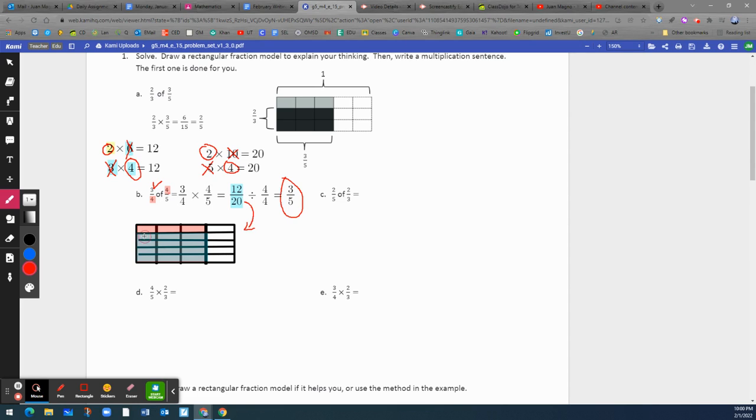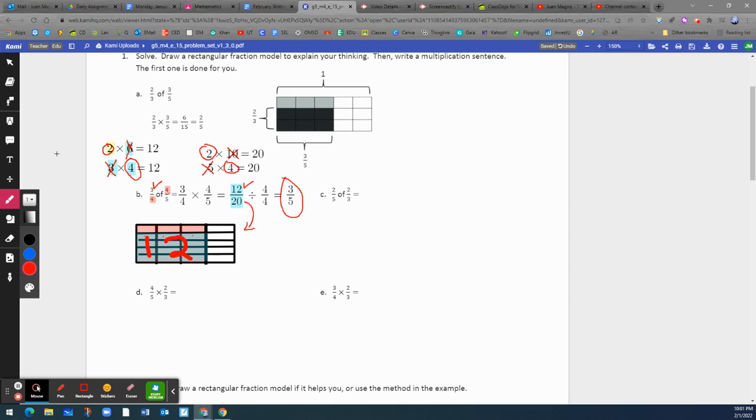If you count these shaded parts, which are the darker color, that will be 3 times 4, that will be 12. So the number for this shaded part is 12. And my friends, that's the numerator that we received when we solved the problem. That tells you that this problem is correct.